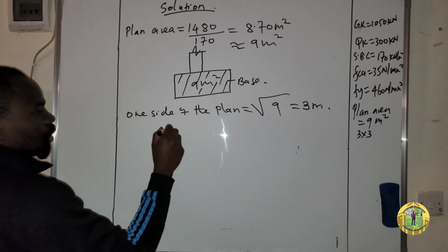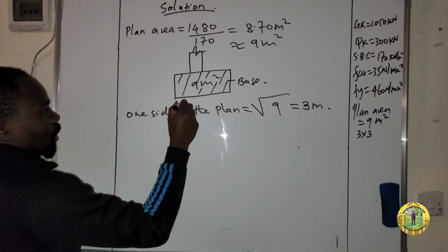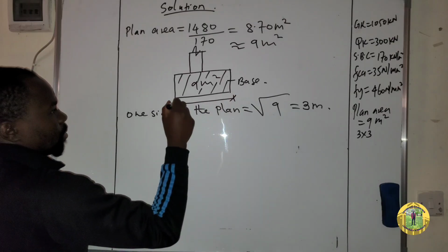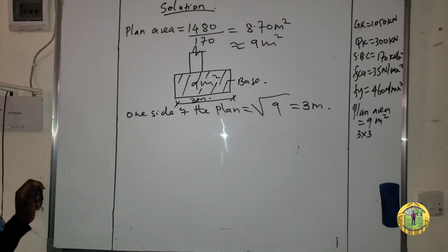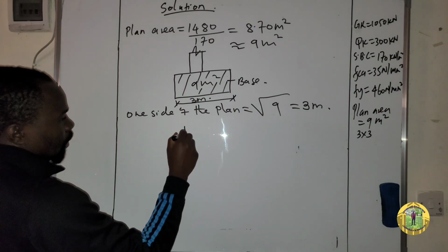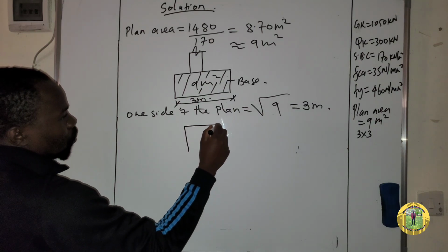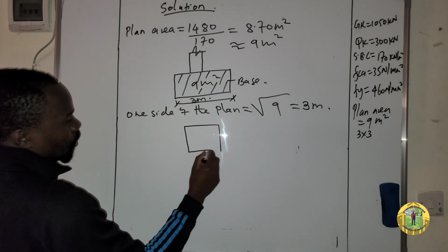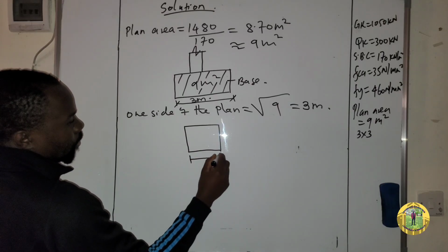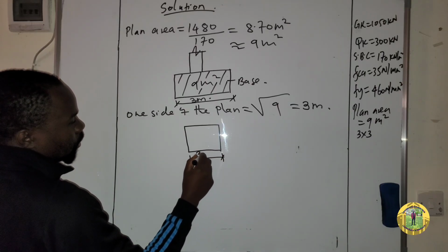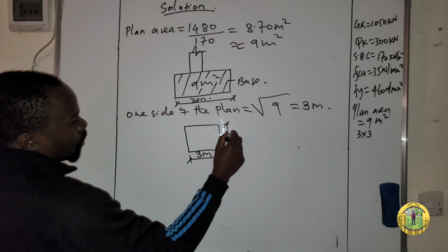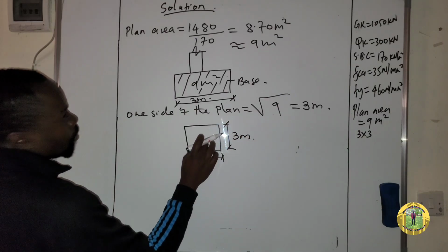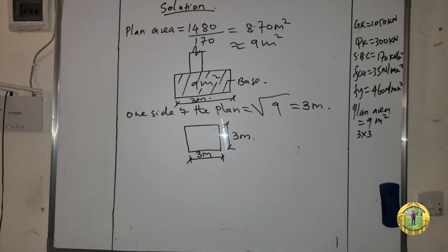So from here to here is 3 meters. So this is elevation. But if you have a plan, this is how it will look like. So from here is 3 meters. Again, from here is 3 meters. So this is a plan. This is elevation.